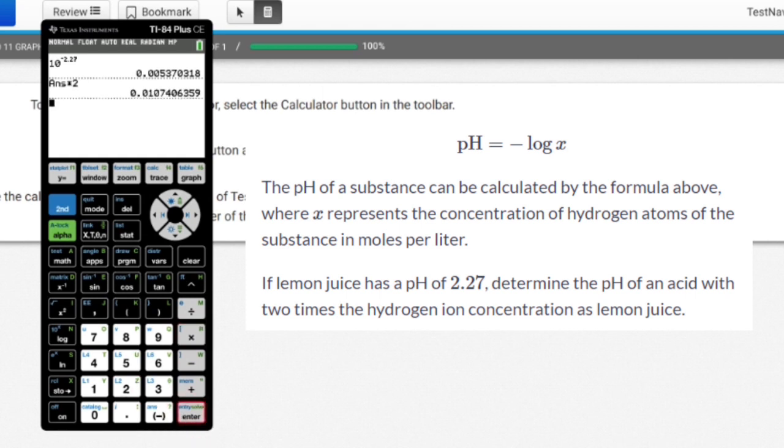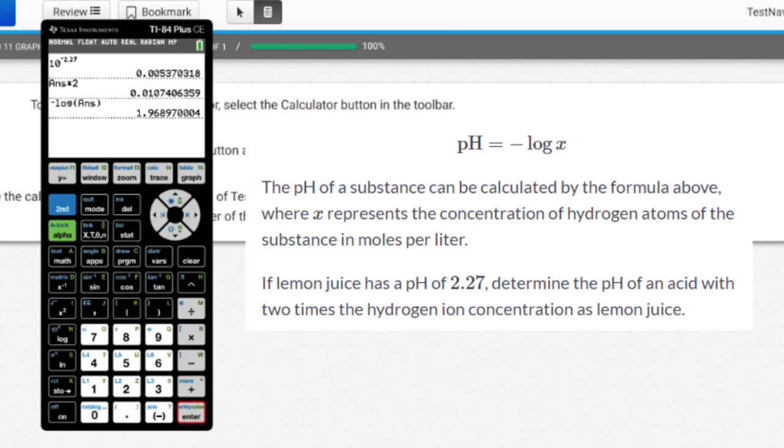Now that I have that, I'm going to throw it back into that original equation on the right side. So negative log base 10 is negative log. Rather than typing that whole thing out, a little trick is I can hit second negative symbol, and it lets me plug in the answer I just got. Hit enter, and I get 1.96, and so on, which seems to match up with C.